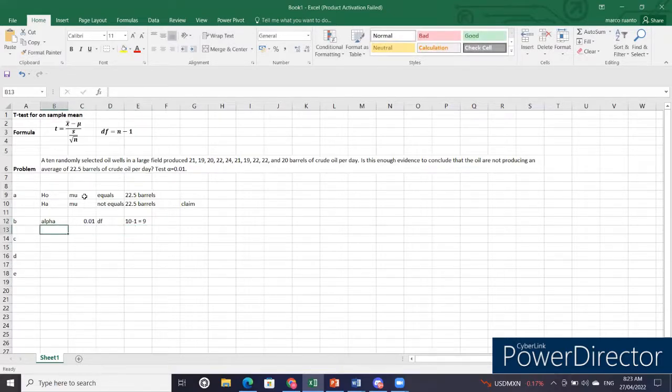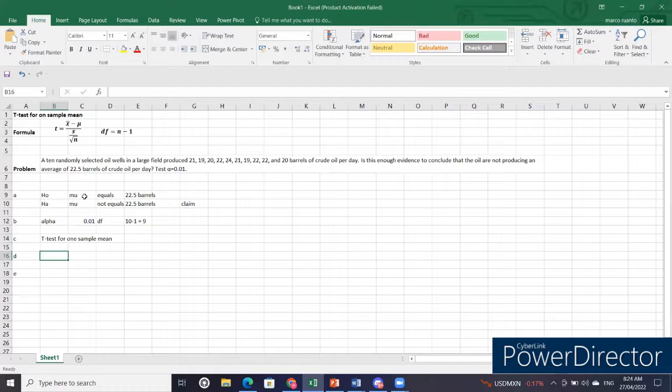So our df here is 9. We will use the t-test for one sample mean.